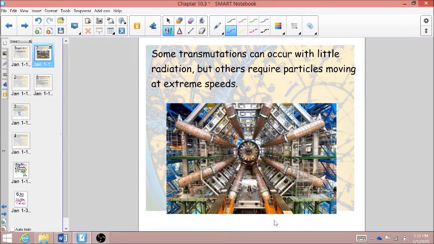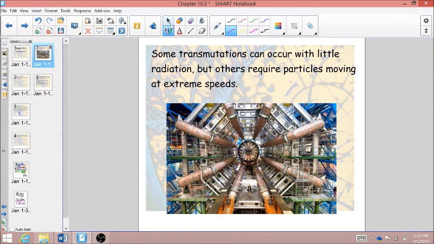So scientists have determined that beyond the proton, neutron, and electron, there are even smaller pieces that make up those particles, and those things are called quarks. And there are 6 different types of quarks that we know about right now, and the different combinations of those 6 quarks will make different particles like protons and neutrons.